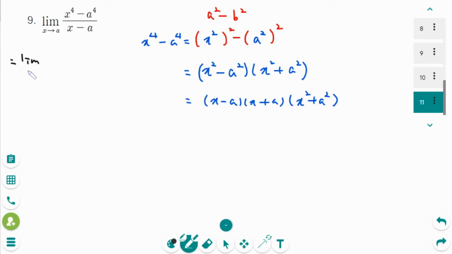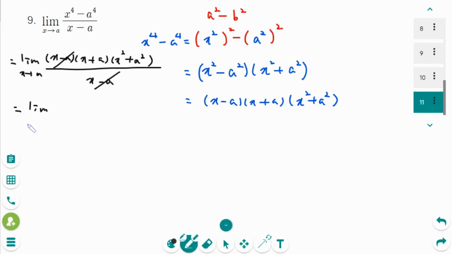As x approaches a, we can rewrite x minus a, x plus a, x squared plus a squared over x minus a. So cancel out. And then we have x plus a, x squared plus a squared.